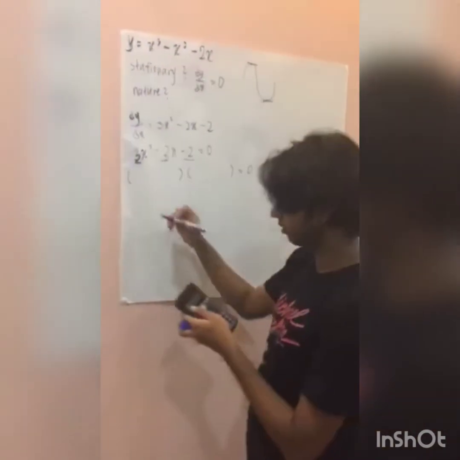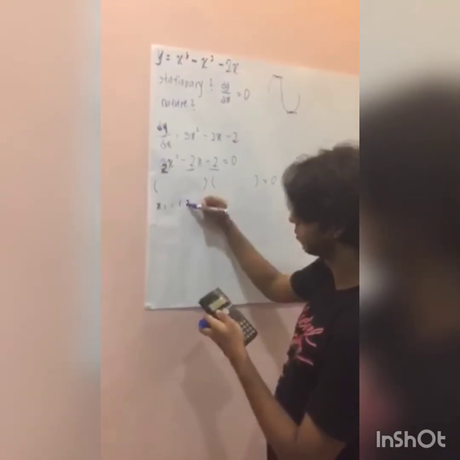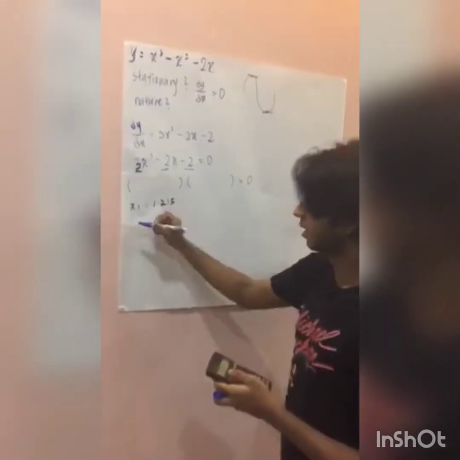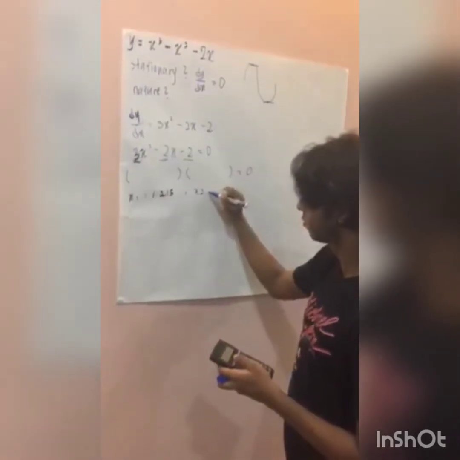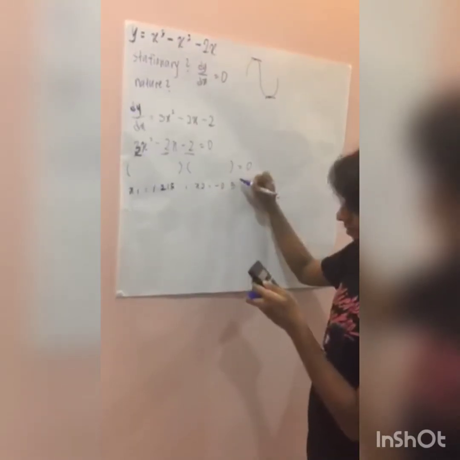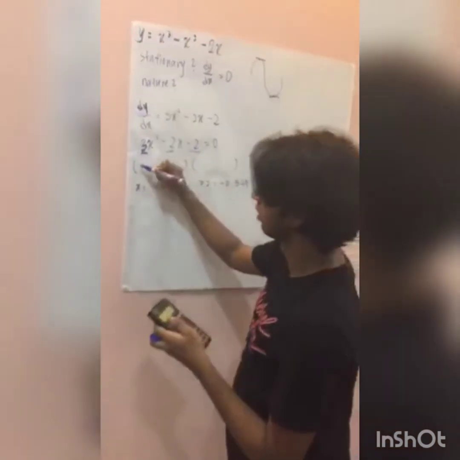For x1, we will get 1.215. I'll be taking 3 decimal places. And for x2, I'll get negative 0.549.